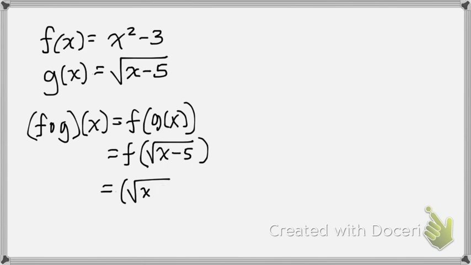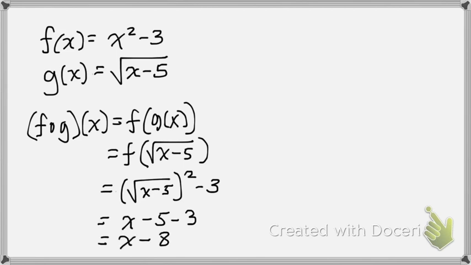So the square root of x minus 5 gets squared, and then I subtract 3, which gives me x minus 5 minus 3, equals x minus 8. So you need to be able to follow all that, find the composition of this different pair of functions, and then we're asked for the domain.